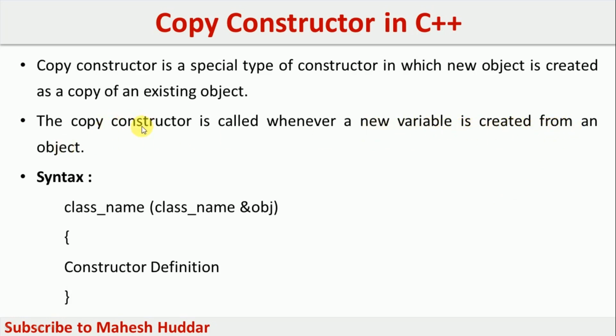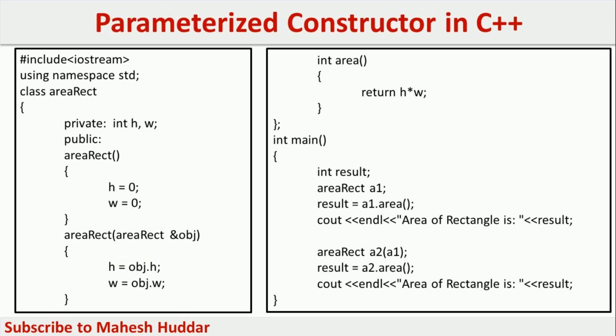So that is when the copy constructor will be called. This is the syntax of the copy constructor. The class name, we pass one argument to this copy constructor, that is an object. So the class name is the type and its reference will be the parameter in this case. Here we will have the constructor definition.